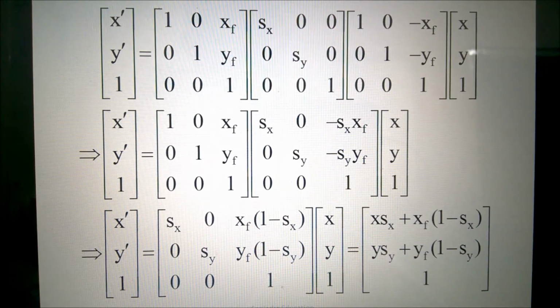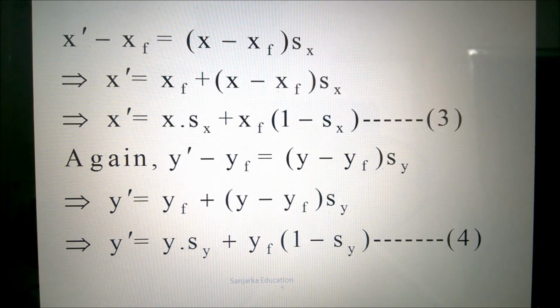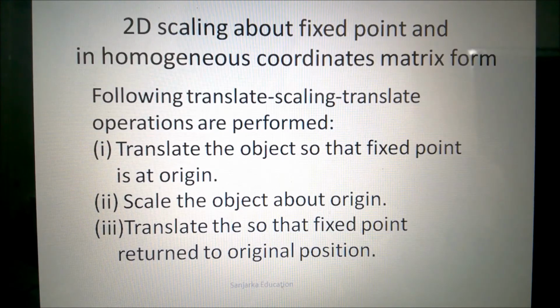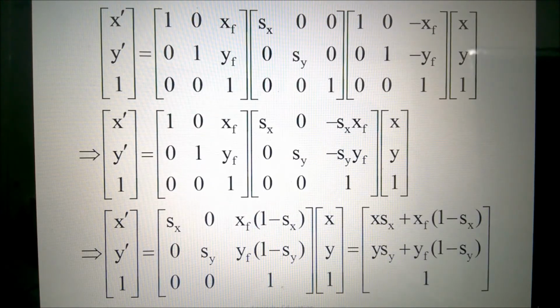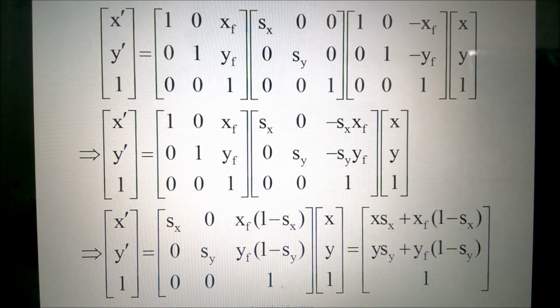And as I showed in equations 3 and 4, after multiplication in the matrix we get the same thing also. I wanted to show that here. Therefore this is the x dash and this is the y dash, and that is all about two-dimensional scaling.